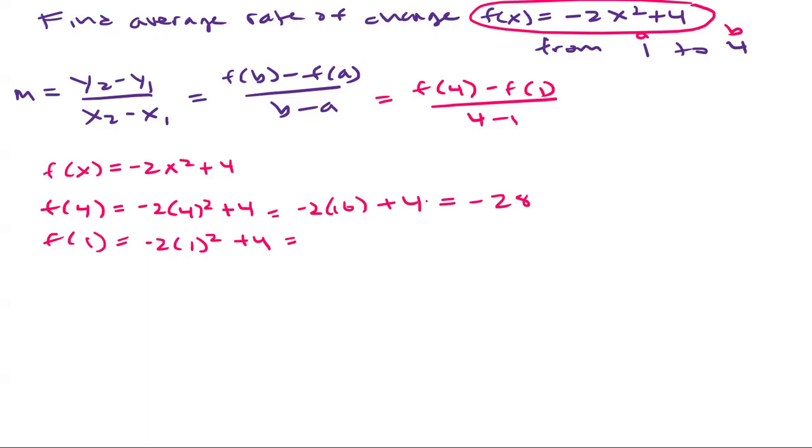The bottom here, we're going to have 1 squared is 1, times negative 2 is negative 2, plus 4 is going to give us a positive 2. Then I just plug in that information. For f of 4, we got negative 28, and for f of 1, we got 2. And then the bottom is still 4 minus 1. So the top, we're going to get negative 28 minus 2, which gives us negative 30.